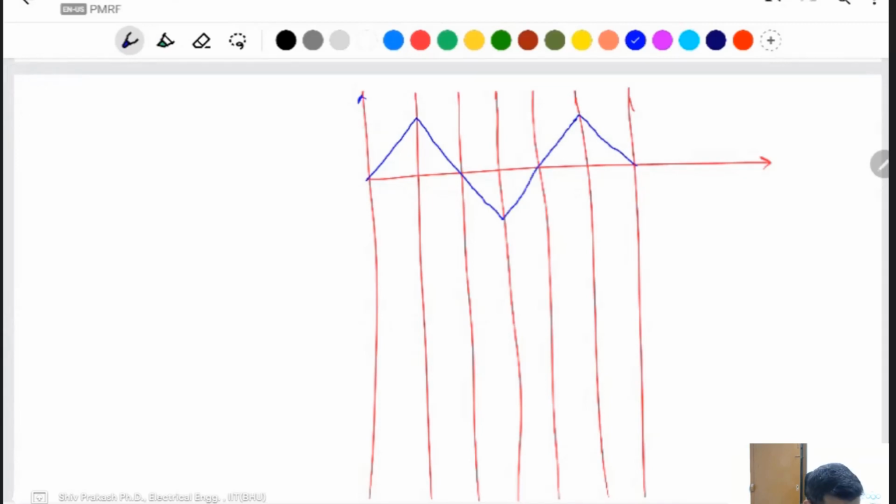This is a carrier waveform of 5 volt in the question, and the reference waveform is 2 volt.